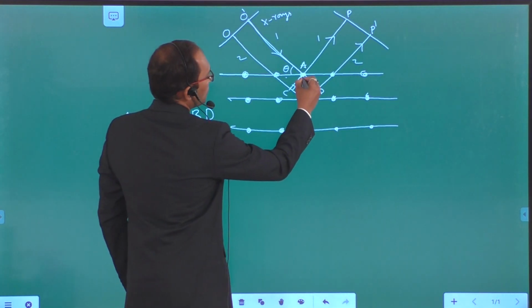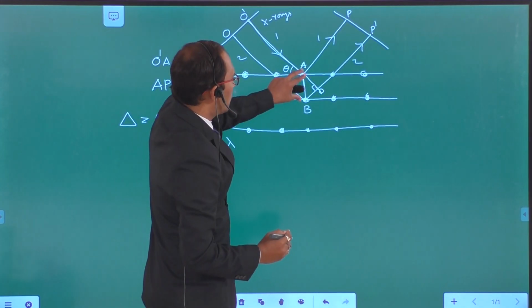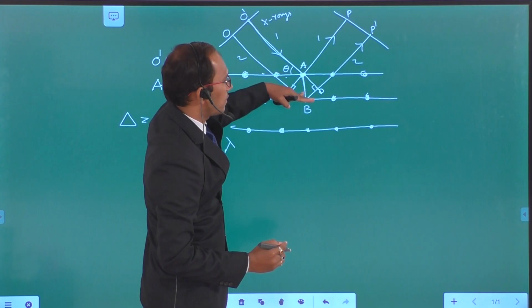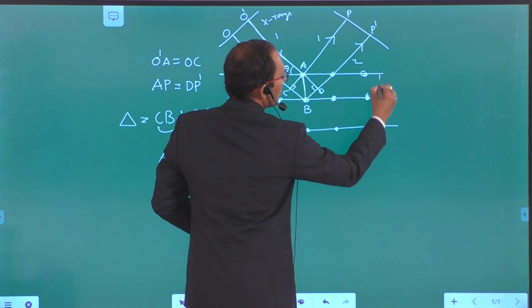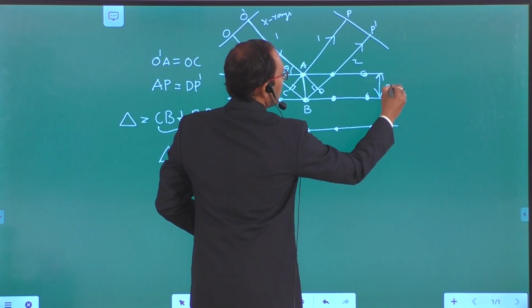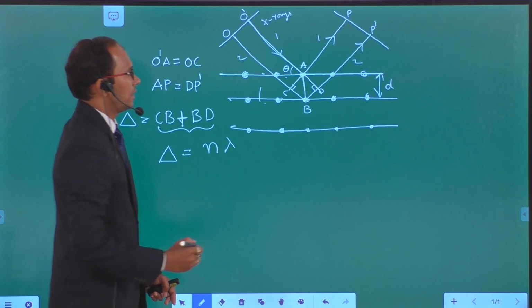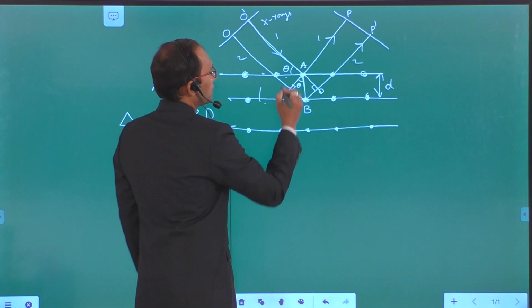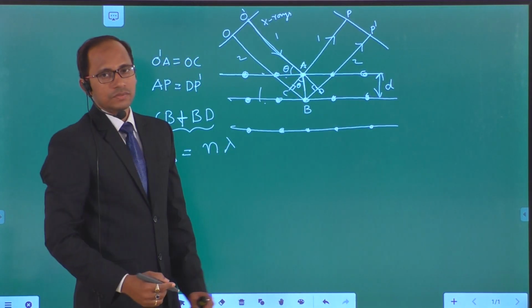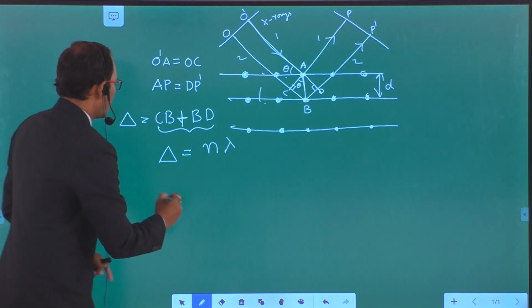If I draw a normal here, this is one plane and this is another plane. The perpendicular distance between the two planes is the interplanar spacing, that is d. This angle is theta, and this angle is also theta. These two are identical angles.